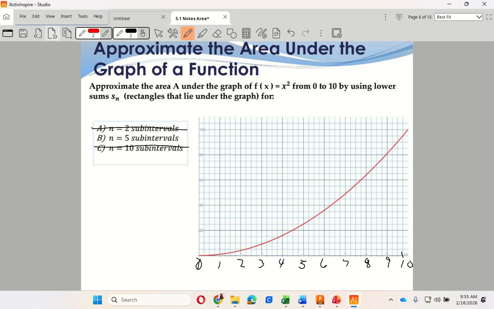5 rectangles. So how do I figure out the width of every rectangle if they're going to be equal? Okay. So divided by 10. Why'd you pick 10?